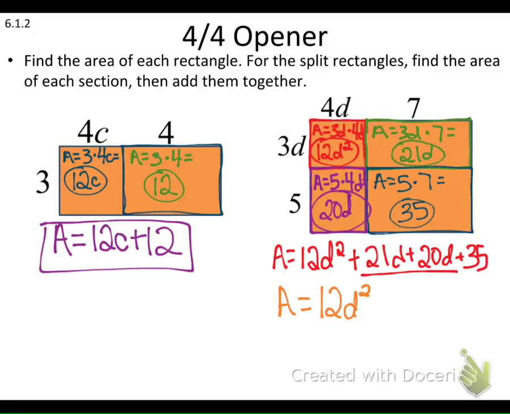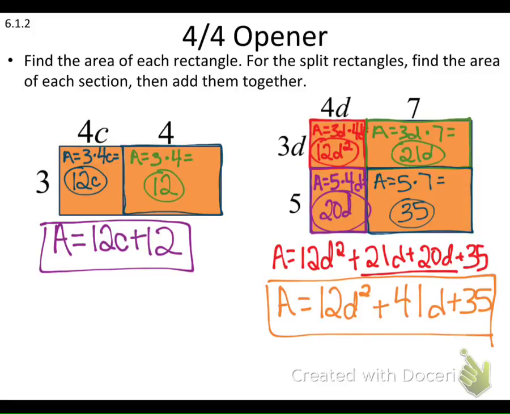Yep. 12D squared plus... That's where I combine those like terms. So that's where that 41 is going to come in. Okay, Haley? Right here, 41D plus what, Darius? 35. And now I have no more like terms, so this is going to be my final answer. Okay? Good work. Nice way to help each other out.